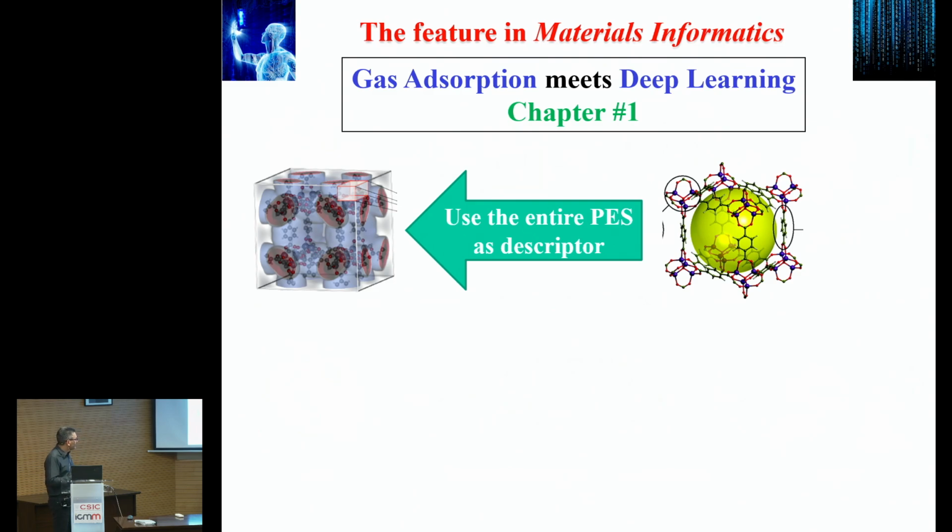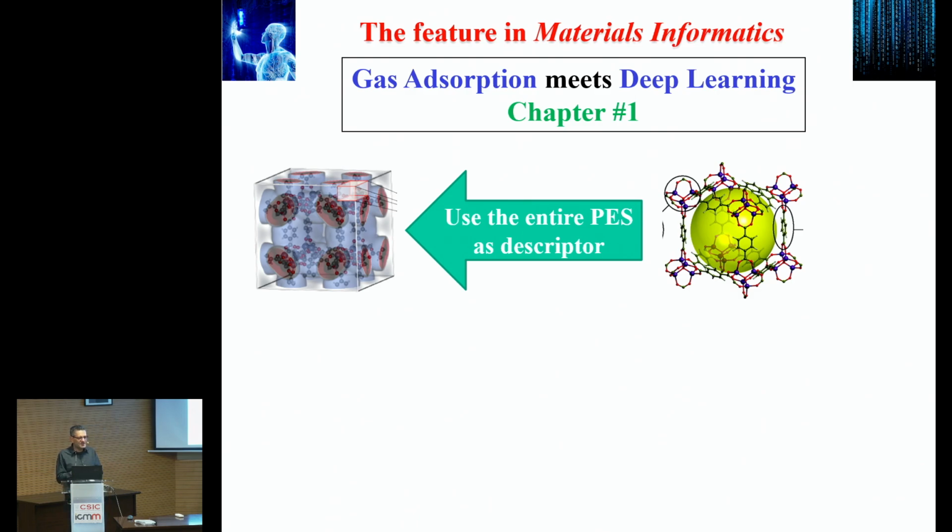So I will tell you two stories about deep learning. The first one: we thought about what would be the best, the absolute descriptor of a material for gas adsorption and general interaction. It would be the potential energy surface of the material.